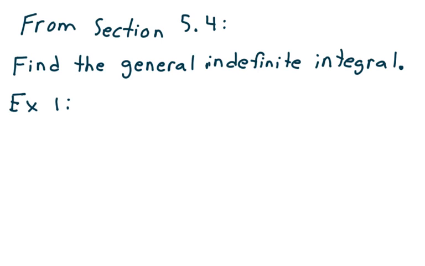So let's go ahead and start here. Suppose I had the integral of 1 plus r divided by r to the second power dr. So we don't have any techniques to handle problems like this, and so we need to simplify this integrand.